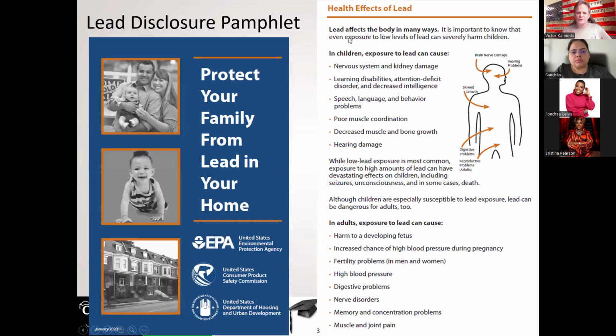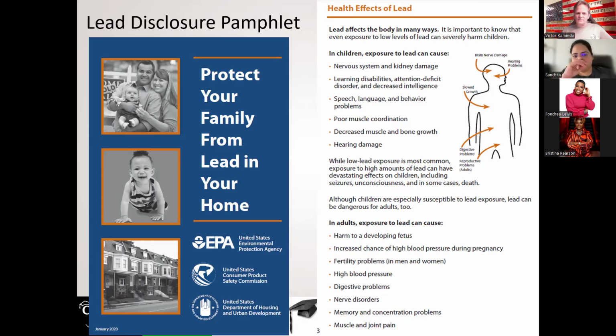Here's that lead hazard pamphlet booklet showing you all the different damage and health hazards that lead can have when exposing the human body to these heavy metals. And it's children, especially those under the age of 6, who are very susceptible to these things because they're still developing.